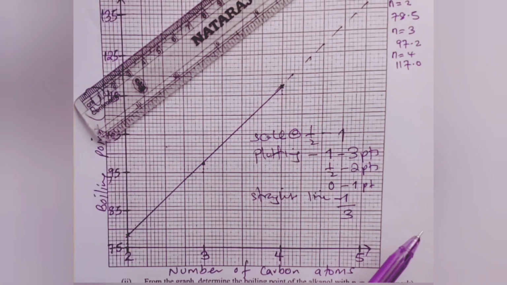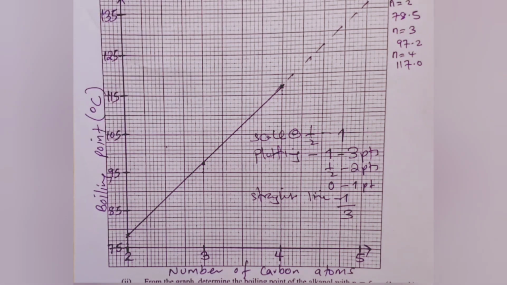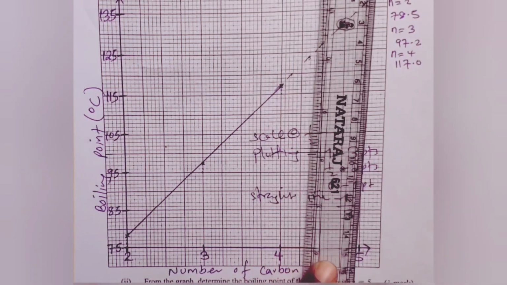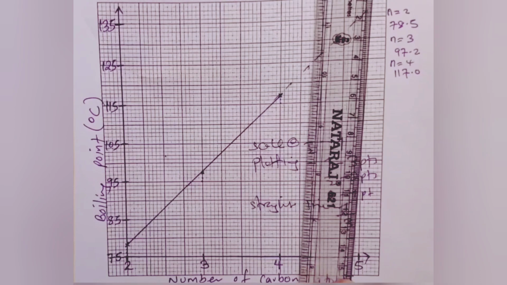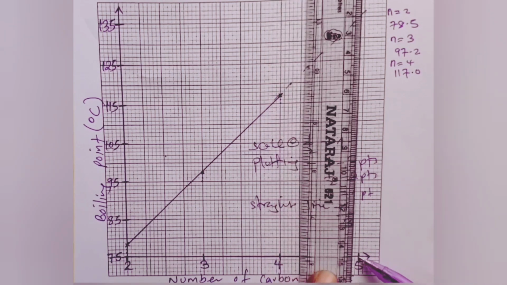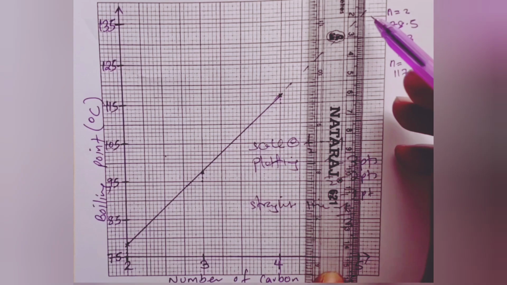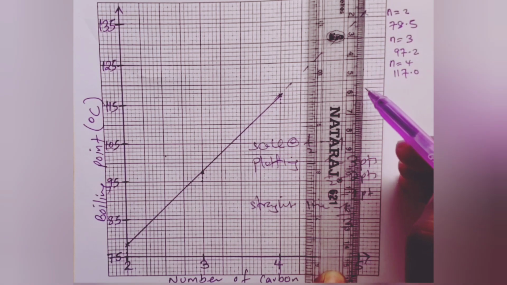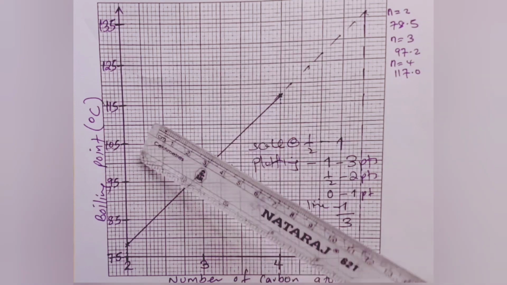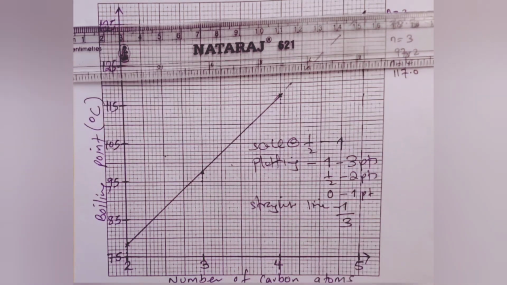And once we do that, we would then read the value of the boiling point. And of course, you have to show evidence that you have read your graph. So right here, where we have n being 5, you'd tell us that you have actually used your graph to read the value of the boiling point.